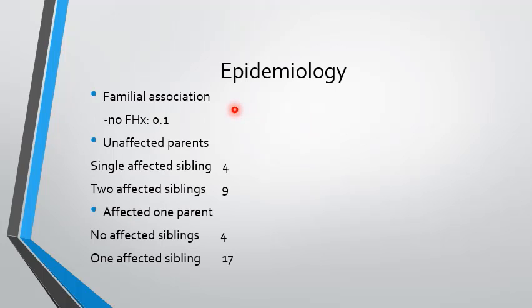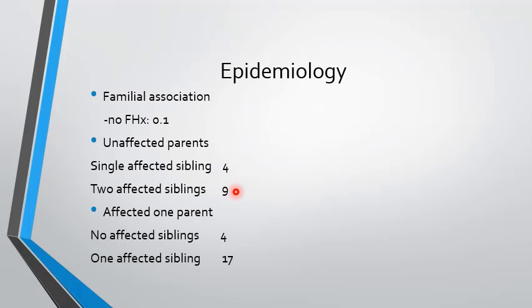Is there a familial association? Yes. We found that if there is no family history, no parents affected, the percentage is the normal one, 0.1%, which is 1 per 1,000 live births. If we have an unaffected parent and a single affected sibling, the second child is affected at a higher percentage, about 4%.